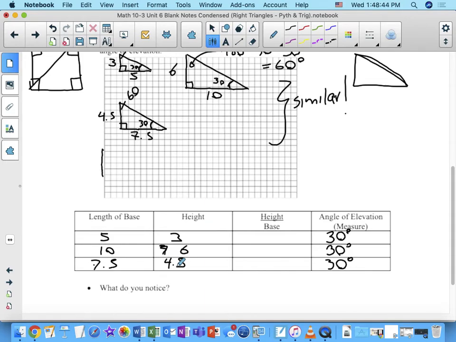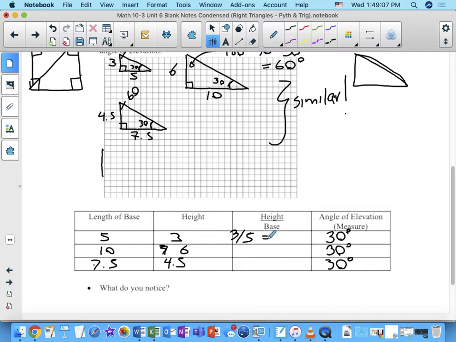Now, for all 3 of them, let's look at the ratio of height to base. For the first one, height over base is 3/5. What would that be as a decimal? Take your calculators out.